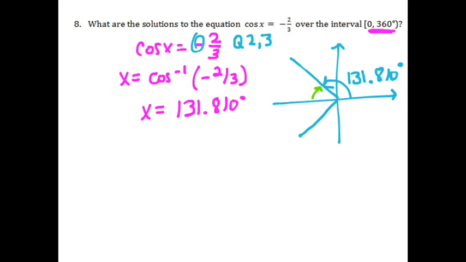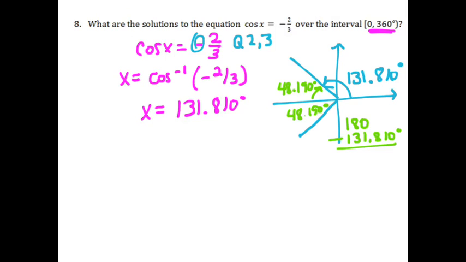So to find that reference angle, we're going to do 180 minus the 131.810. And if I do that, my reference angle I find out is 48.190. And so to find my angle in quadrant 3, I need to have the same reference angle.